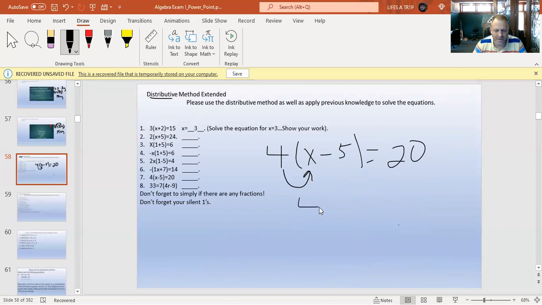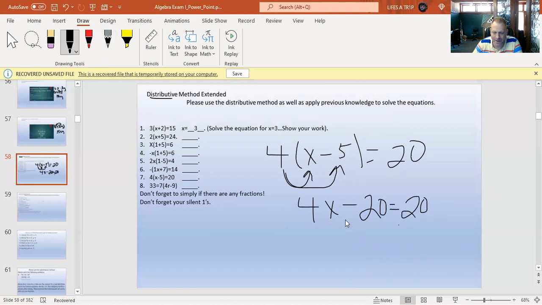All right, 4 times x is 4x. 4 times negative 5 is negative 20 equals 20. All right, guys, don't work ahead of me, because some of you are thinking, as past students have, I'm just going to move this over here and cancel out this 20 with this 20. It doesn't work that way, guys. So wait for me to explain this to you.